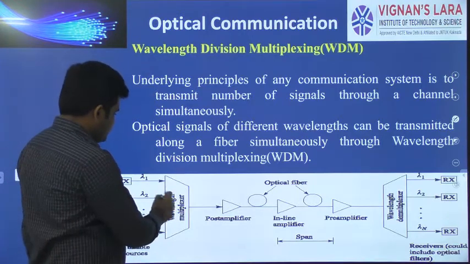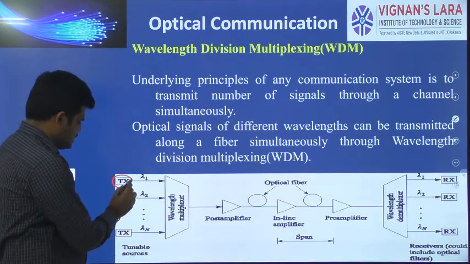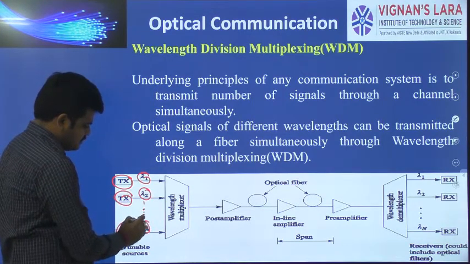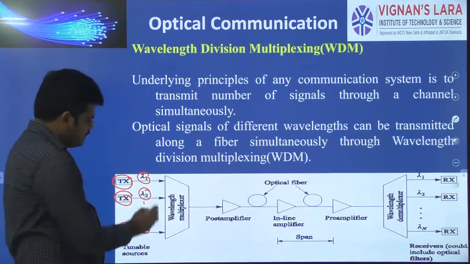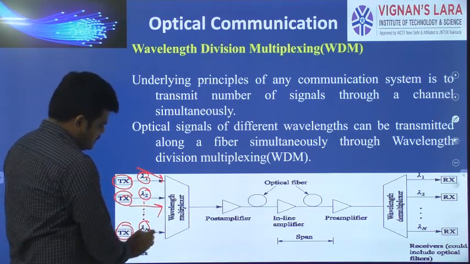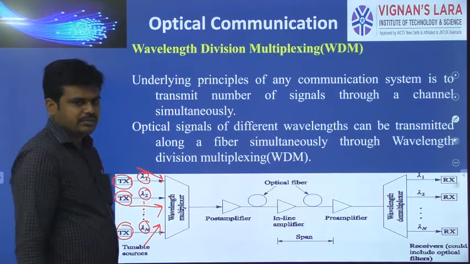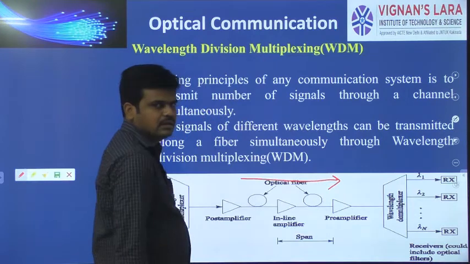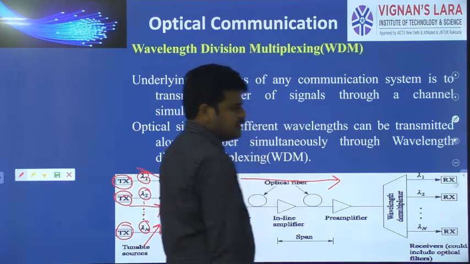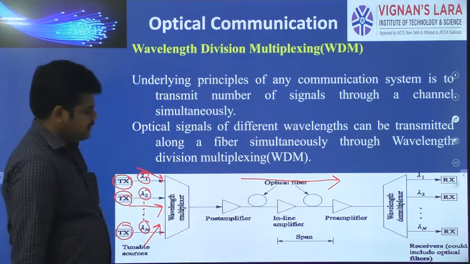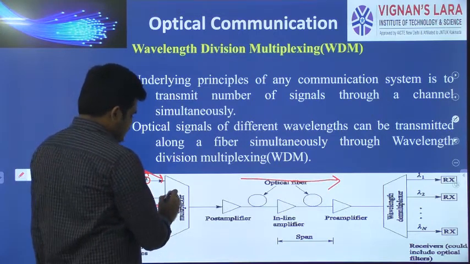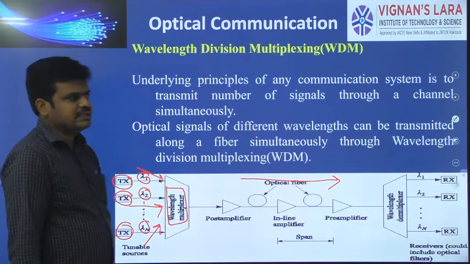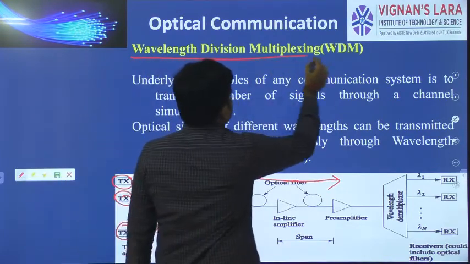There are a few information sources of different wavelengths, and all this information needs to be transmitted over a single optical fiber cable simultaneously, for which we go with the wavelength division multiplexing technique.